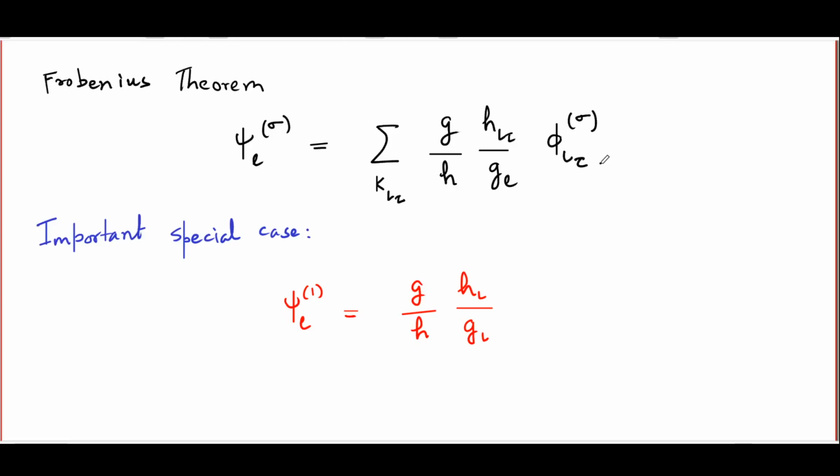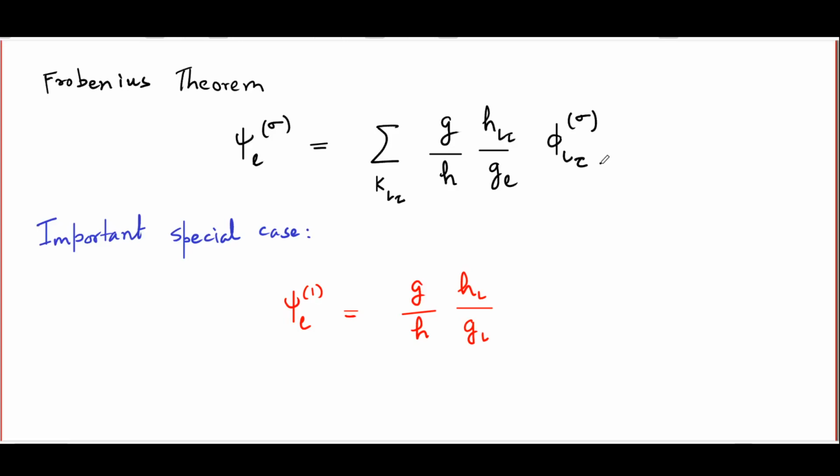This gives us a formula for the compound character which we can evaluate for each and every class of G. And a very important special case of this comes about when you take the 1th irrep or the identity irrep for H, in which case all the phi L tau sigmas are 1, and the sum over all classes descended from the nth class of G simply becomes the number of elements of KL which survive into H. And that number is what we call HL.